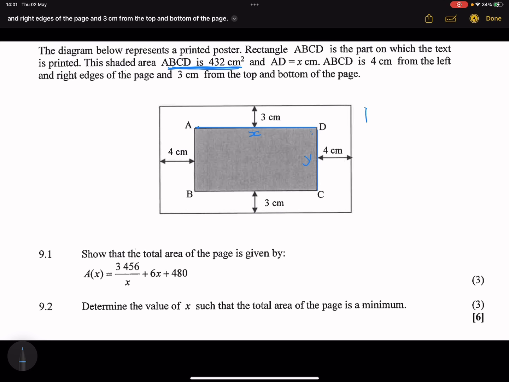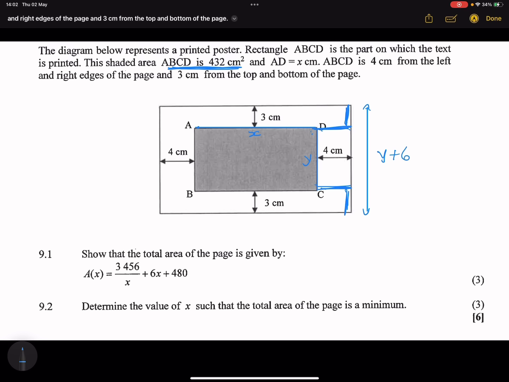So we're looking for this entire thing over there, right? So if I look at that, this is going to be y, right? So this is y over there. Plus, in this case, do you agree with me? This is 3 centimeters and another 3 centimeters. So this guy here is y plus 6.